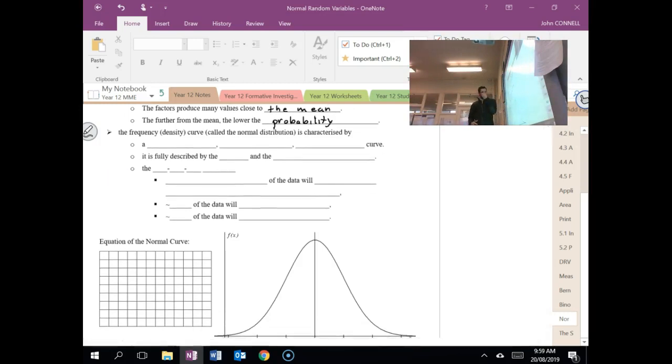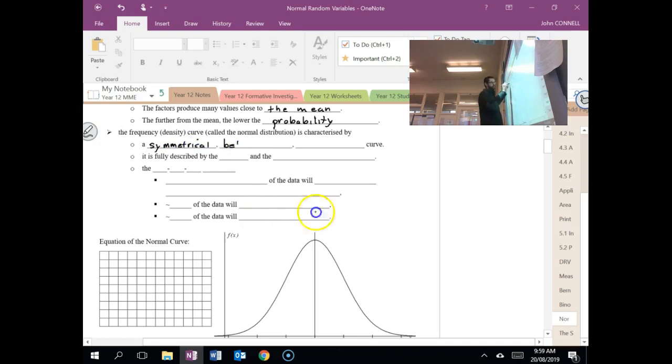So the frequency density curve gives the relative likelihood of probability. So the higher the value of the curve, the more probable the result is. And we call it a normal distribution, characterized by three key things. Number one, it's symmetrical.